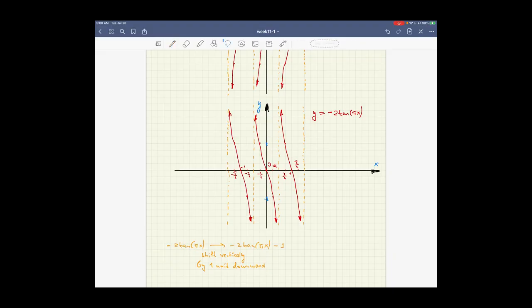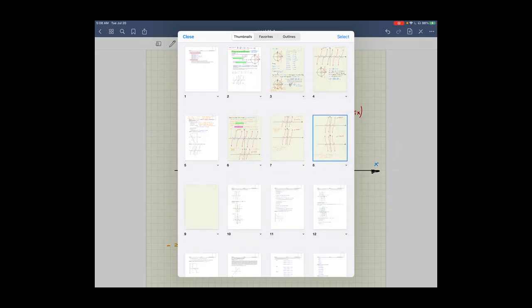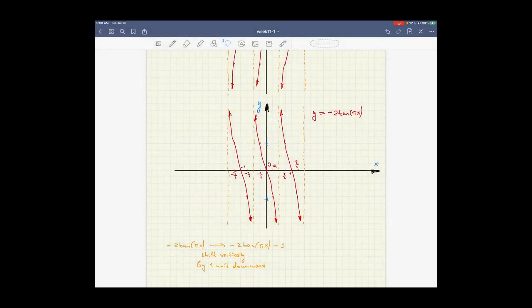So let me add a page and copy the last graph onto the next page.